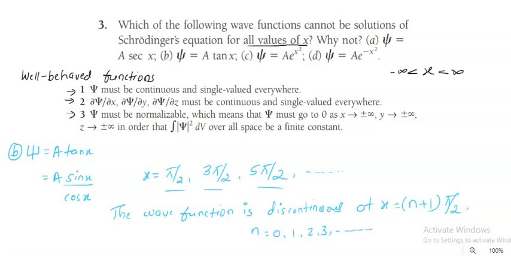Okay. So psi is equal to A tan x. So this wave function cannot be a solution of Schrödinger's equation because it is a discontinuous function for all values of x.